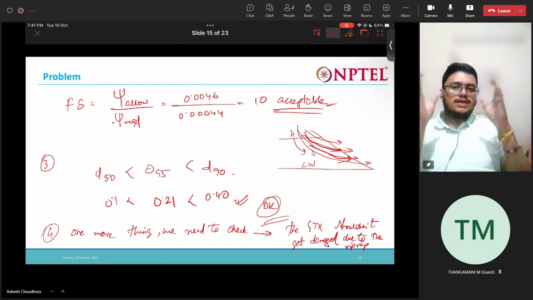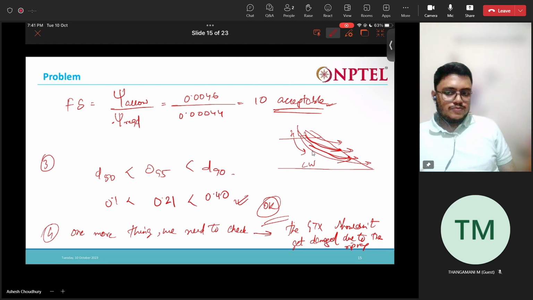Understood? Riprap are huge size boulders, right? So you are placing the geotextile beneath the riprap. So the riprap should not puncture through the geotextile, right? It should not damage the geotextile. That we have to ensure.